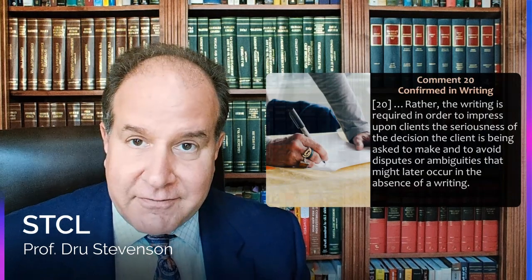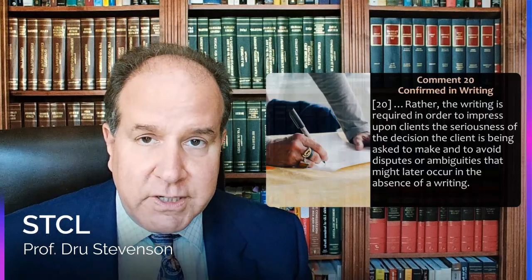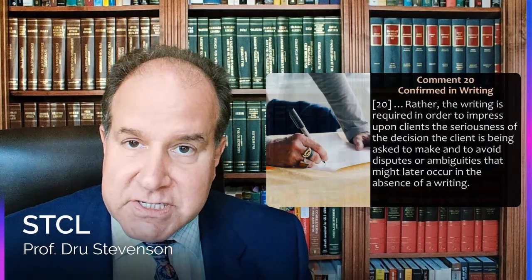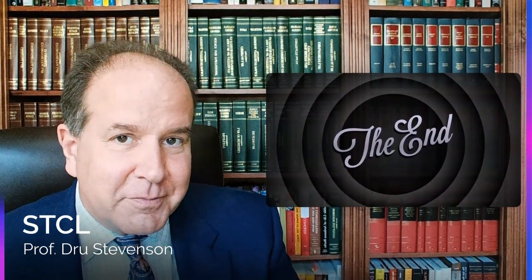And sometimes if you ask them for a writing, it's not just so that you can prove they agreed later. It's so that at the time they realize that this is a serious decision that has a lot of implications. And that concludes our short lecture on getting informed consent, specifically confirmed in writing.